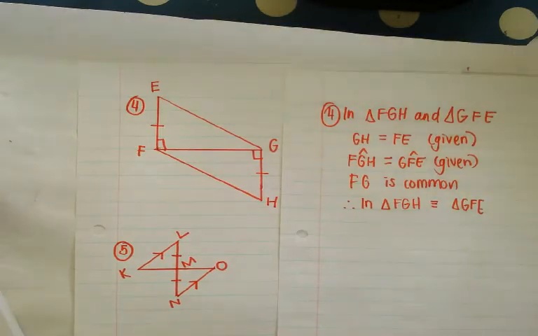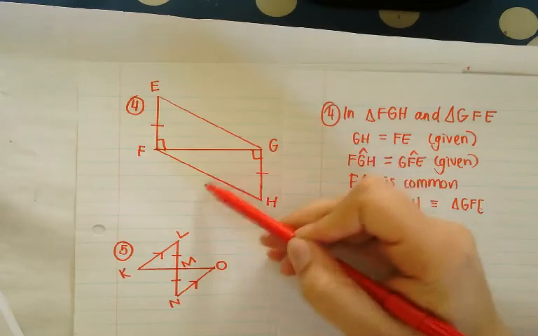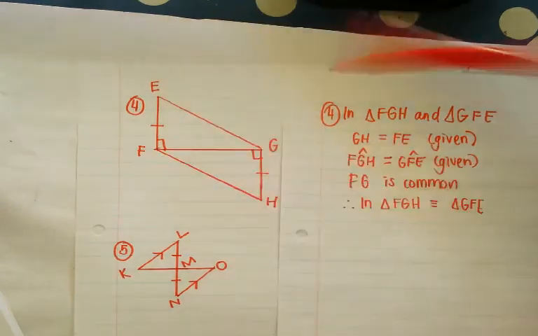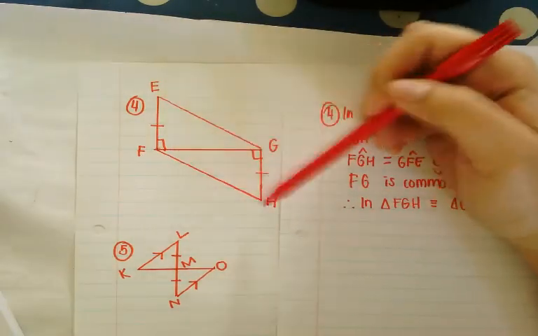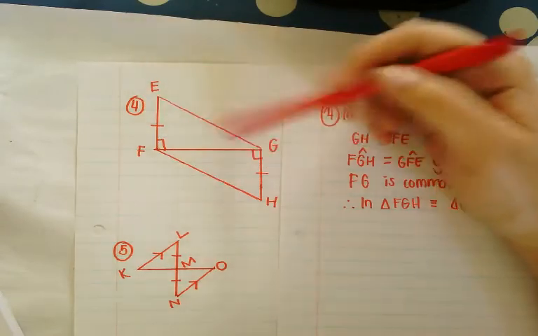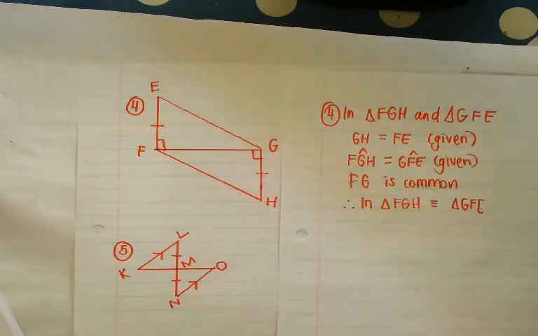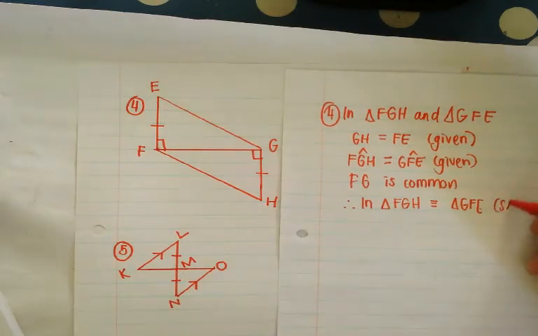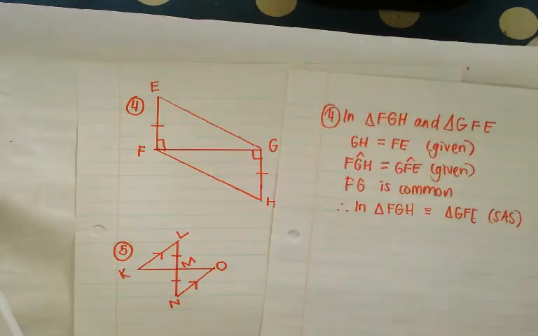So make a note. Just because there's a right angle does not automatically mean that it is RHS. We need to have the hypotenuse in order for it to be RHS. My hypotenuse is always opposite my 90 degree, which means that is my hypotenuse and that is my hypotenuse. There's no information about FH and EG, so hypotenuse is not given. So as Daniel said, it's going to have to be side, angle, side.